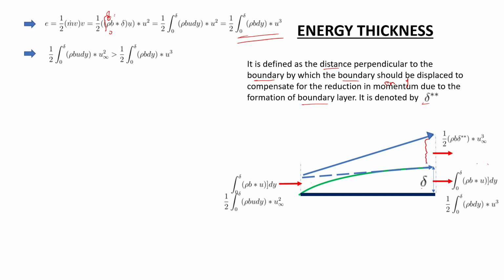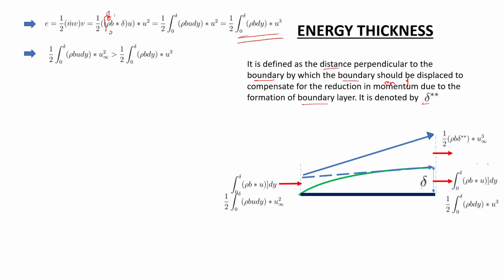So let us try to find the energy flowing through this section. You can see that the streamline gets slightly shifted up to compensate for the reduction in energy. Look at the definition.